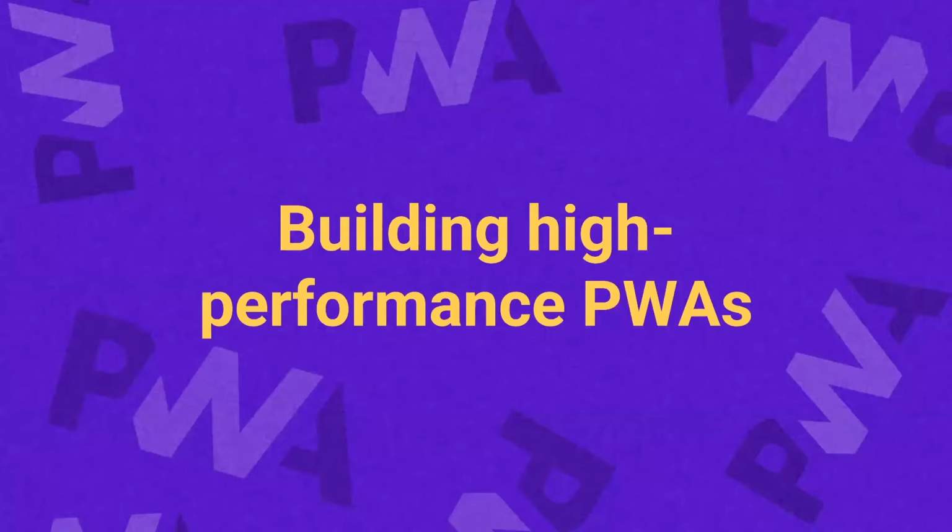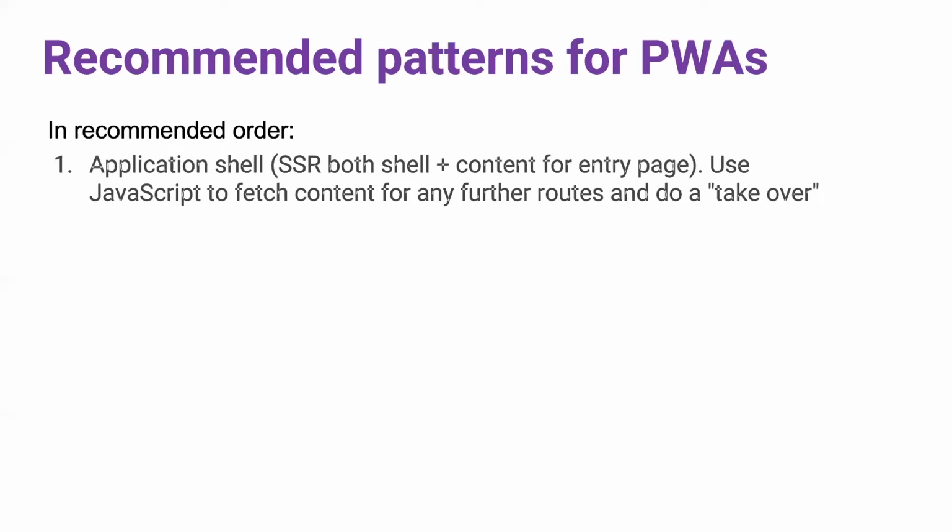Building a high performance PWA. These methods are recommended in this order, but it's not certain you will use them 100%. The first method depends on caching only: caching the application shell and content, and the shell uses JavaScript to fetch content for future routes.